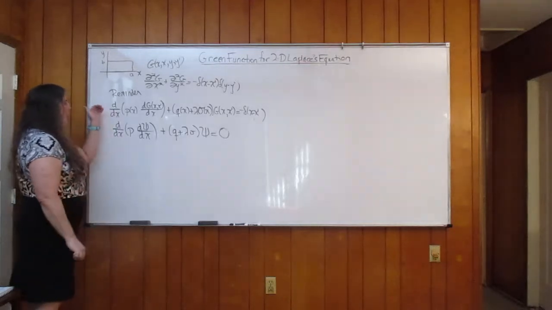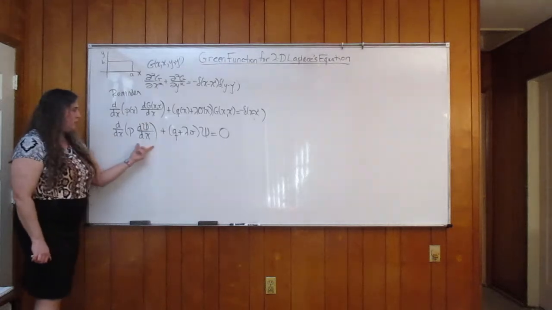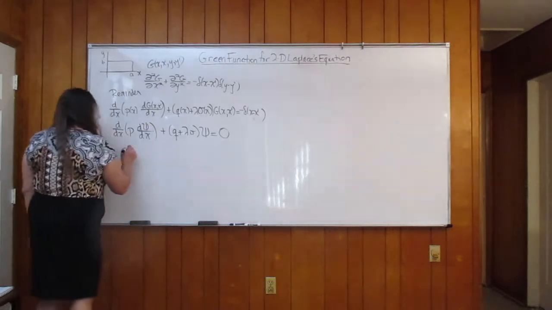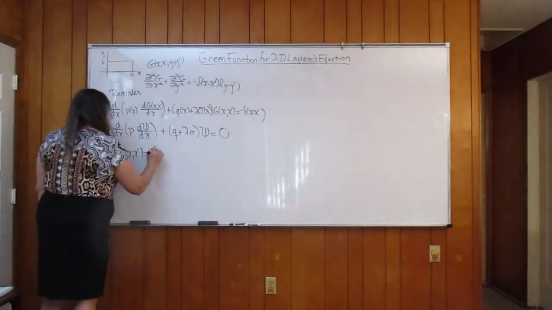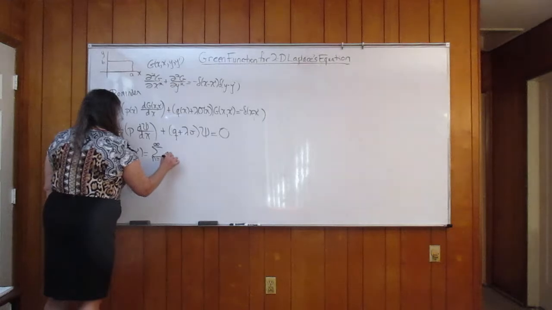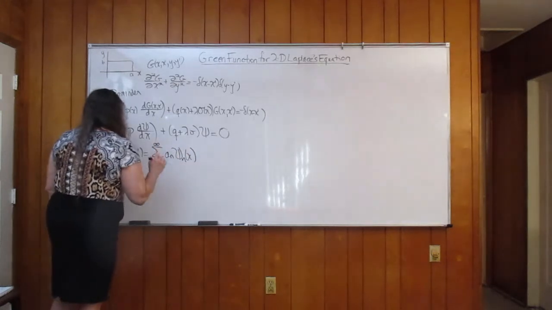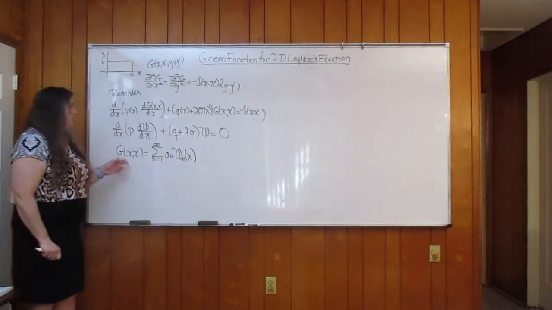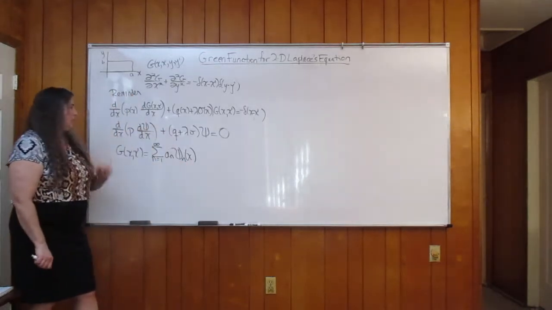Okay, so the goal is to write down the Green's function, and I'm going to solve this equation. So we made the case that the Green's function could be expanded in the eigenfunctions to this equation.